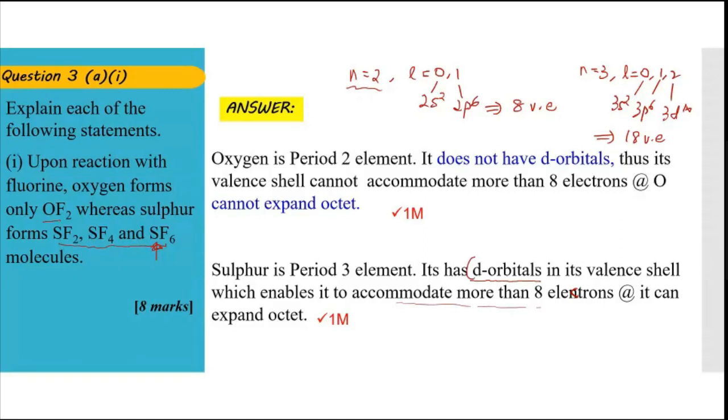So the importance of having d orbitals in the valence shell is known just by knowing where the element is located in terms of period. Period 3 and above elements, period 3, period 4, and so on, will have d orbitals because of these quantum numbers. That's the reason why you learn quantum numbers, to help you understand why certain central atoms in a compound can expand their octet, why certain ones cannot, and why certain central atoms have an odd number of electrons, have less than an octet, and so on.